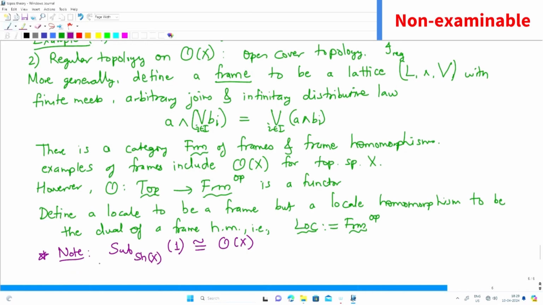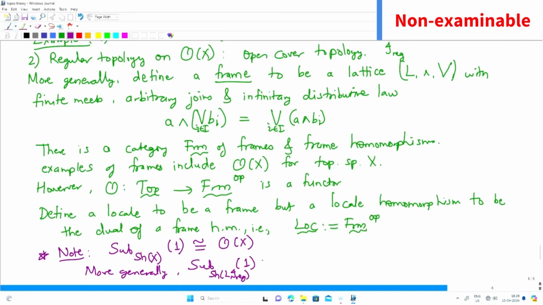More generally, the subobjects of the terminal object in the category of sheaves over L, maybe I should define now, sheaves over L comma J reg.